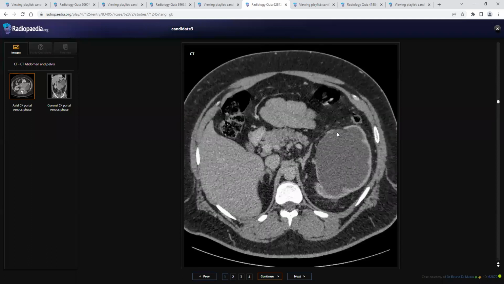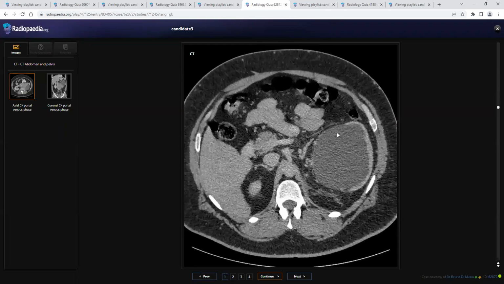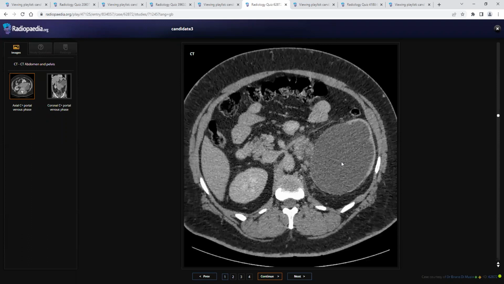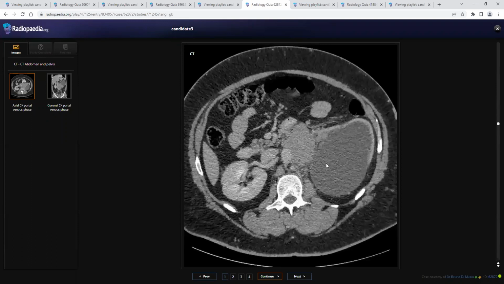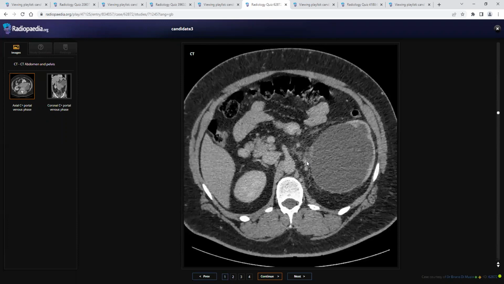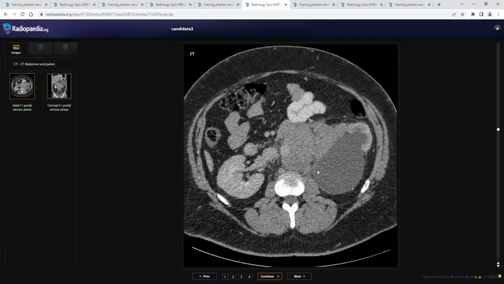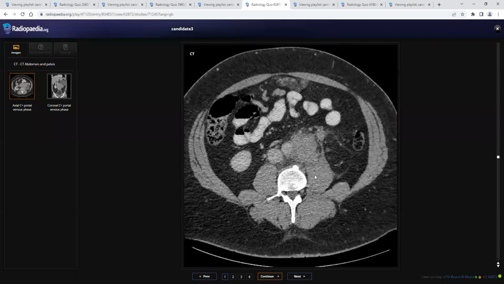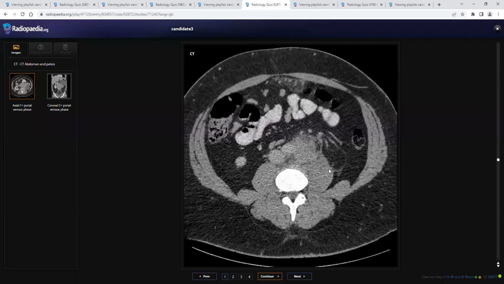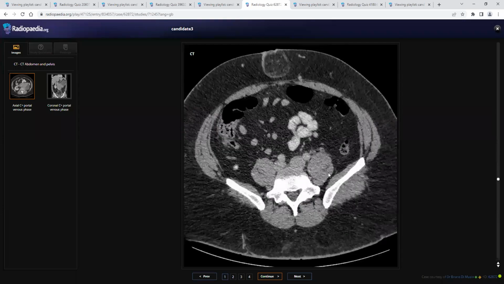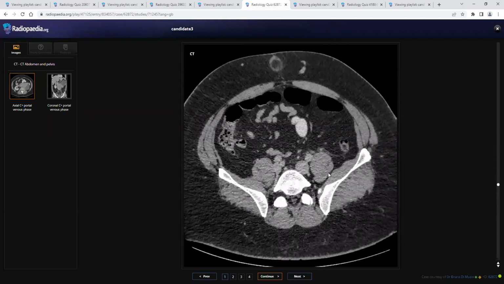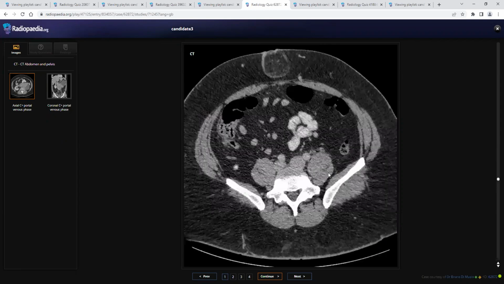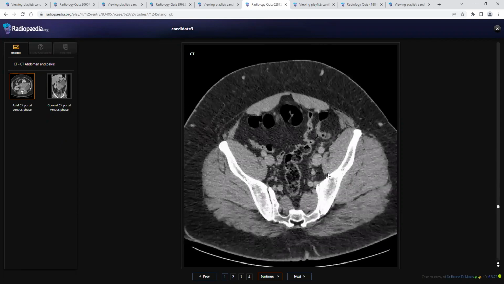The left kidney is grossly hydronephrotic with a peripheral rim of normal cortical parenchyma. There is an ill-defined soft tissue attenuation mass adjacent to the kidney and in the left para-aortic region, extending from the lumbar region up to the sacral area.